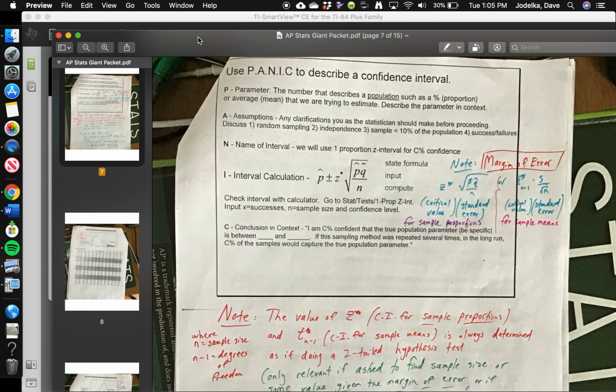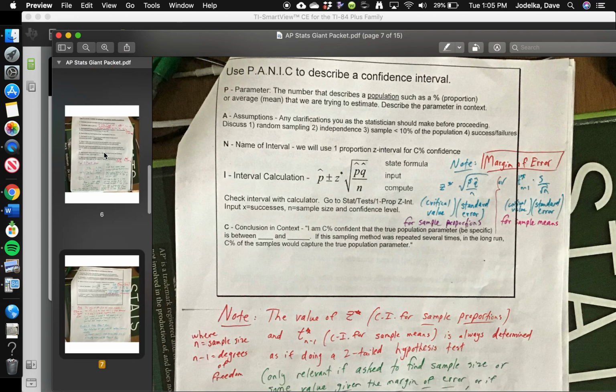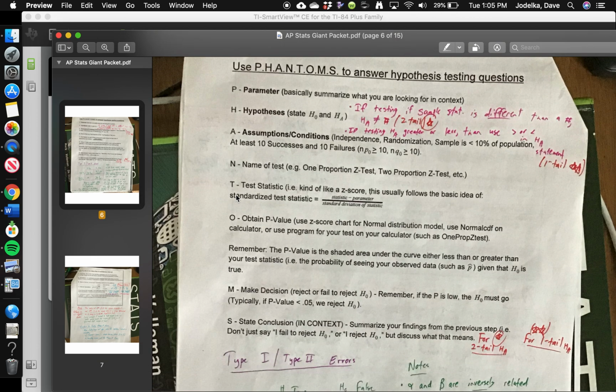So let's take a look at that briefly, and then that'll be it for our little preview here. The acronym we used for that was PHANTOMS, and you can see again, P is the same idea, H is different.